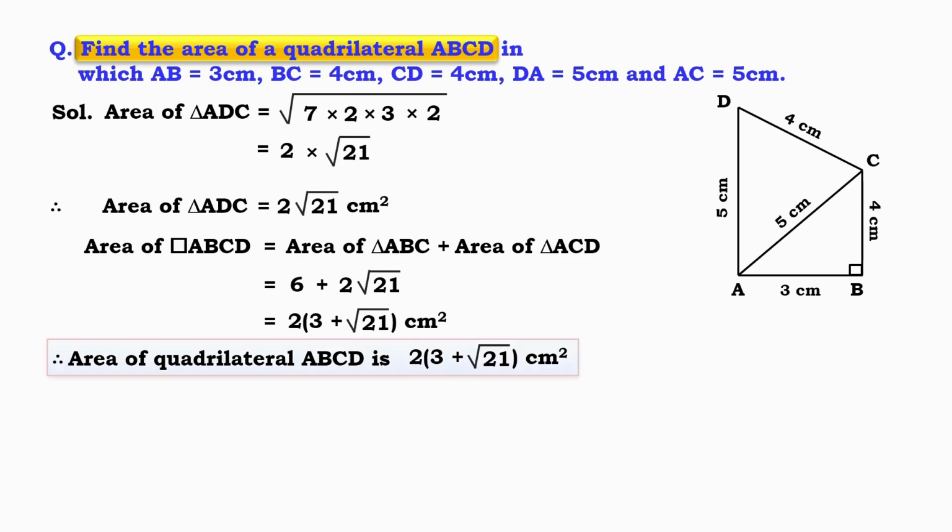Now if you take common, it will become 2 into 3 plus square root of 21 centimeter square. If you want, you can also use the division method of square root to find the square root of 21. That is also correct, or you can keep it as it is. Both ways are correct. So this is the final answer.